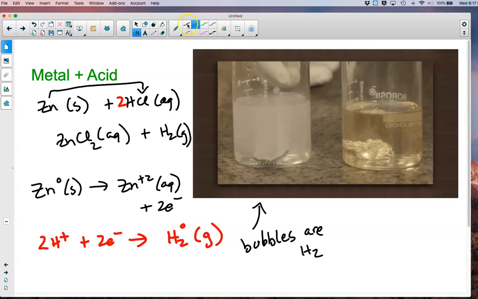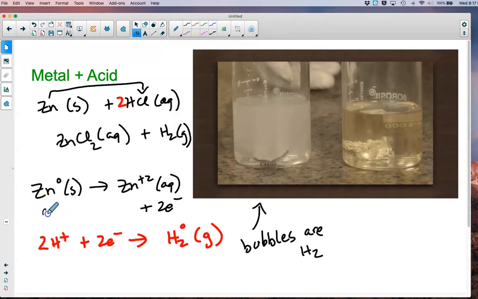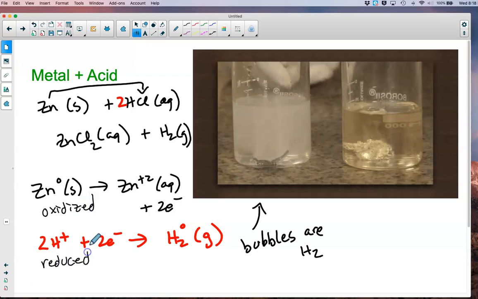So in this case, the zinc was oxidized, and the hydrogen ions are reduced. And the visible sign is the bubbles that you see forming.